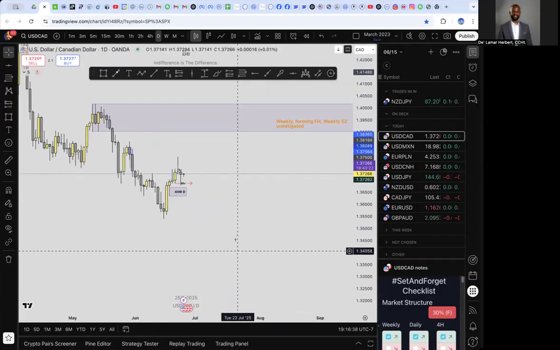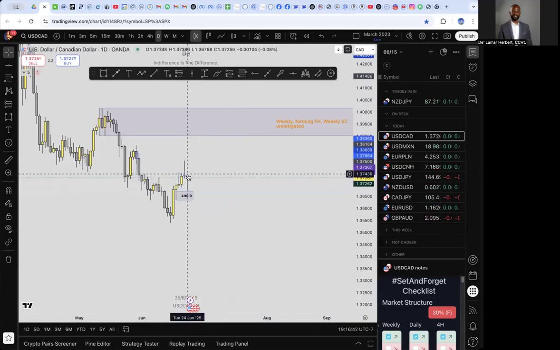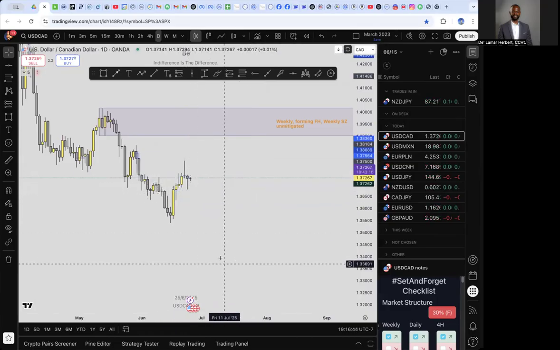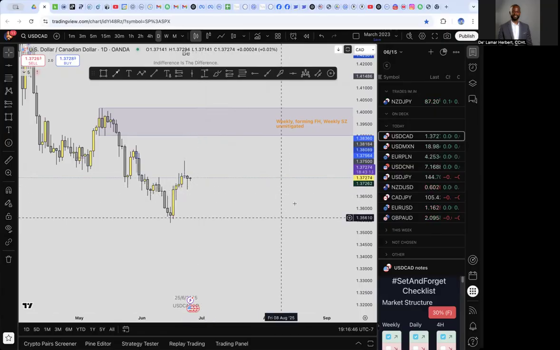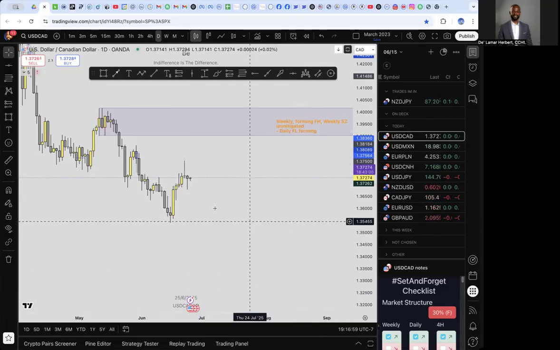As you can see, we have all the context that shows us that we're maybe headed up to the upside. Looks like we're creating a daily first low, forming. So we're just going to wait for that daily.